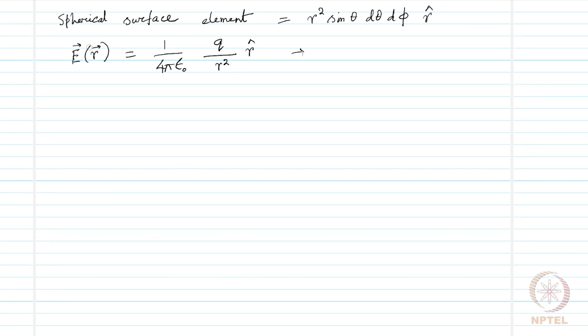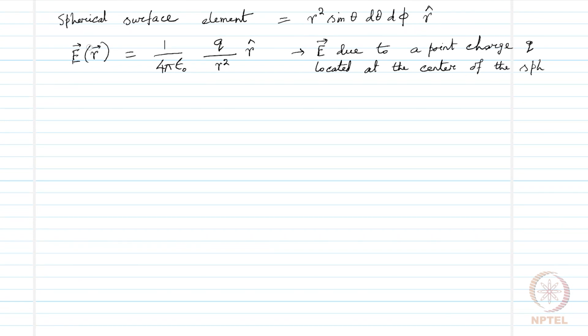So, this is the electric field due to a point charge Q located at the center of the sphere, which means it is located at the origin of our coordinate system.